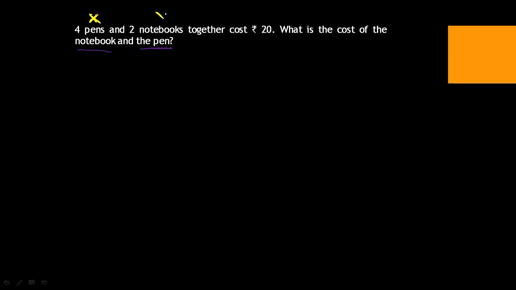Now let us say the cost of a pen is x and the cost of a notebook is y. So 4 pens for x, that is the cost of 4 pens, plus 2y, that is the cost of 2 notebooks, together cost rupees 20. So this plus this equals 20.